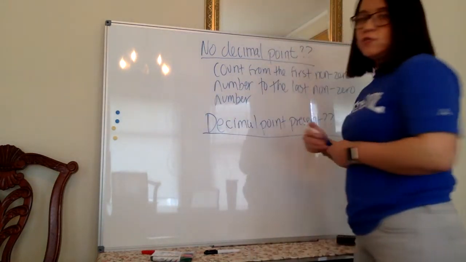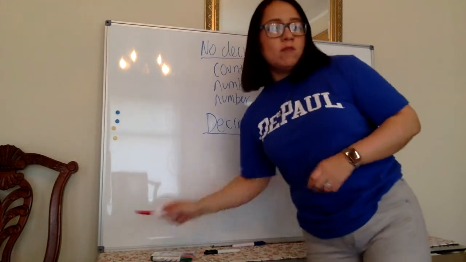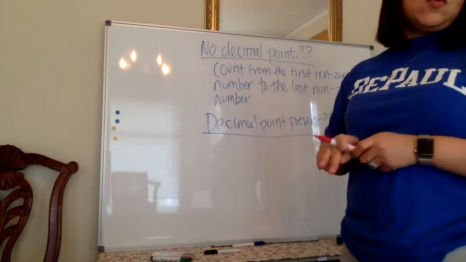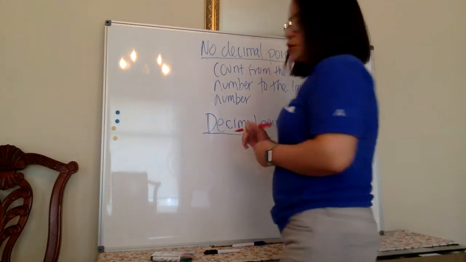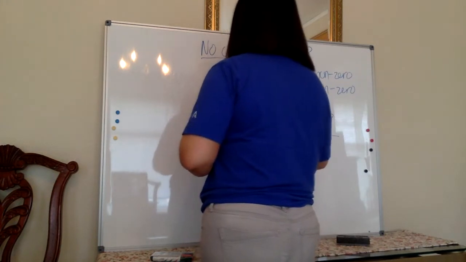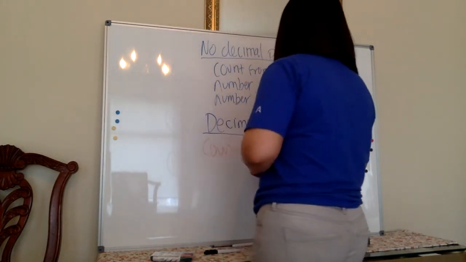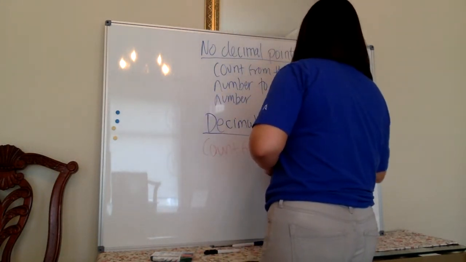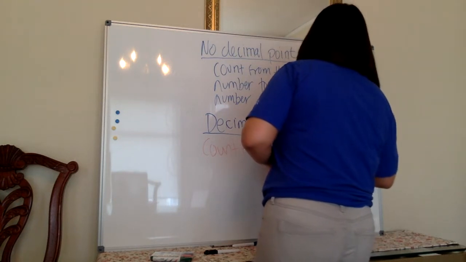So what happens when we do have a decimal point? When we do have a decimal point, you count from the first non-zero number.